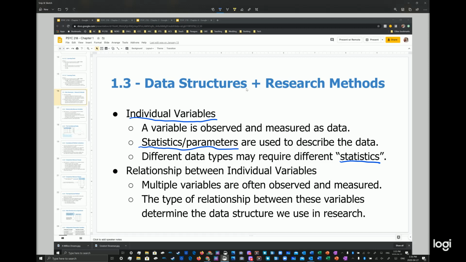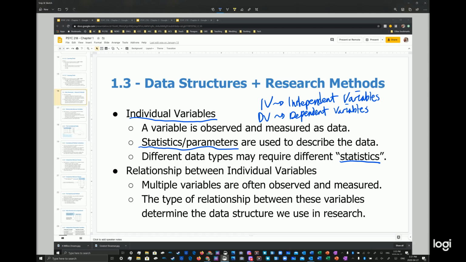Remember, for variables, we have independent variables, or IV, the variable that we change or manipulate, or DV, your dependent variable. So that's the one you count or measure.